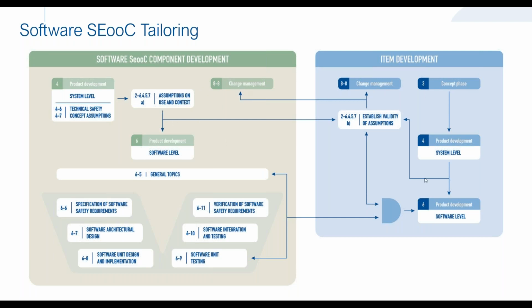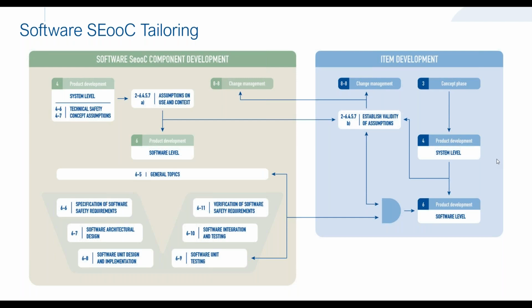Once we have all our assumptions matching, then the output of the SEooC will be consistent with the assumptions of the item under development. We can integrate that into the target development environment and start using it as a safe piece of software within that vehicle.